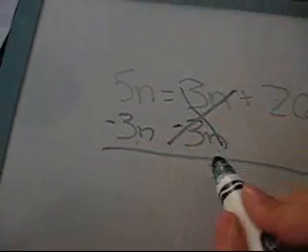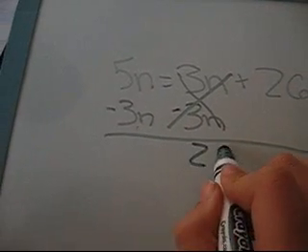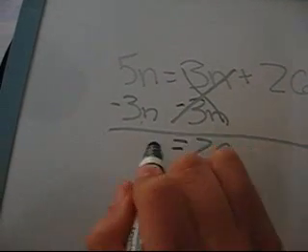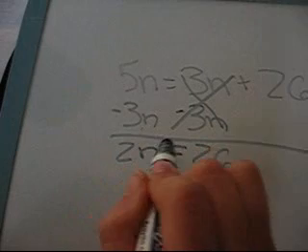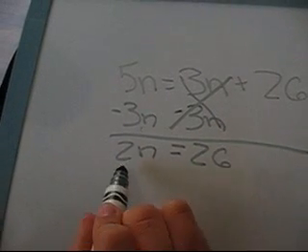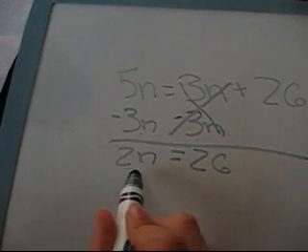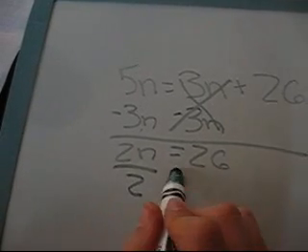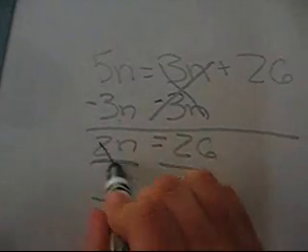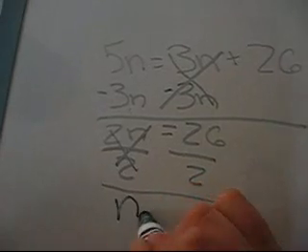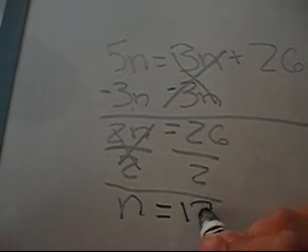That cancels out. You're left with 26 on this side equals 2n. And then 2n equals 26, so you divide both sides by 2. Those cancel out. You're left with n equals 13.